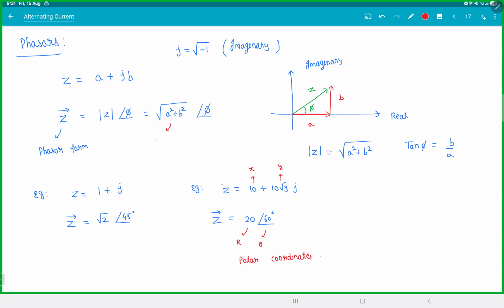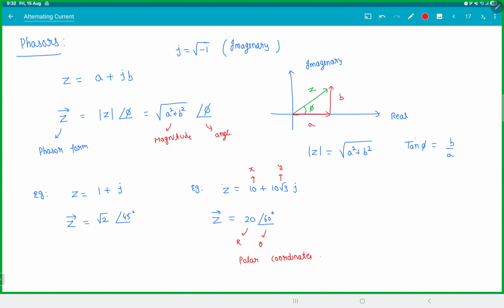This gives you the magnitude. A phasor form has two things: the magnitude of the vector and the angle it makes. Writing a complex number in this form, we call it phasor form. In maths, you must have studied something like cis theta, something of that sort.